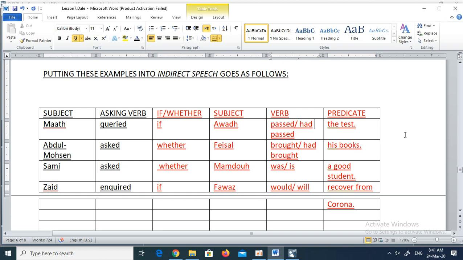The way you decide which form of the verb to use depends on how far in the past the person was asking.